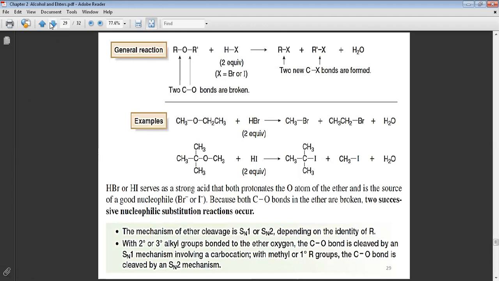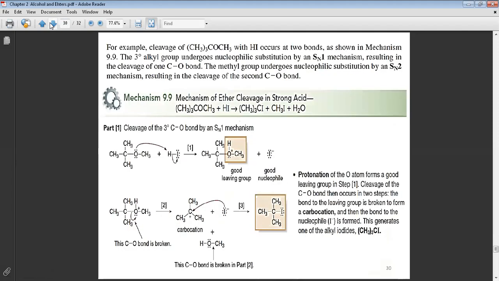Okay, where is the mechanism? This is the mechanism. Look at this mechanism. We have this compound with HI. Now, protonation, an acid-base reaction: the electrons on the oxygen attack the proton of HI to give you the OH plus.